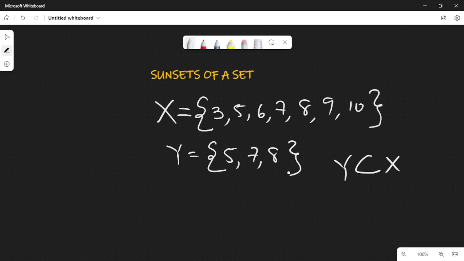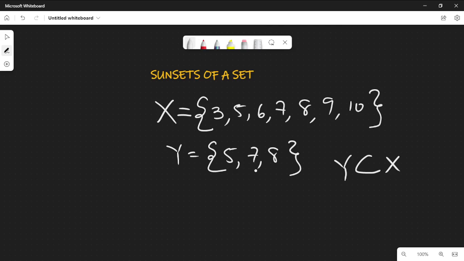All right. Another thing that you need to note: Y is a proper subset of X. Why is it a proper subset? It's a proper subset of X because it does not contain the whole of the elements inside X. It only contains some part of the elements inside X. Supposing that it contains the whole of the elements inside X, then it is a subset of X but not a proper subset.